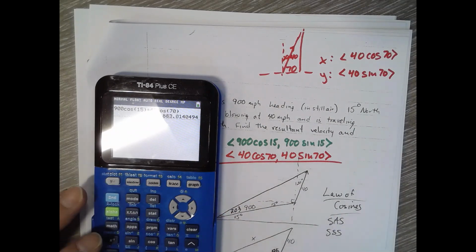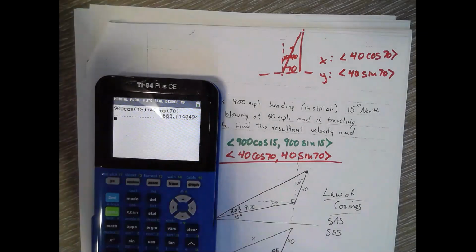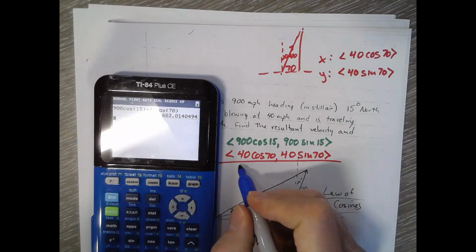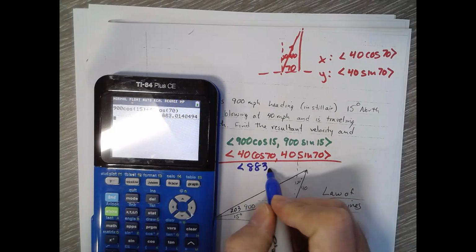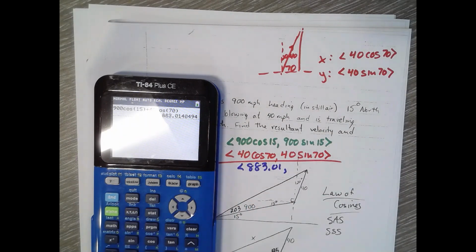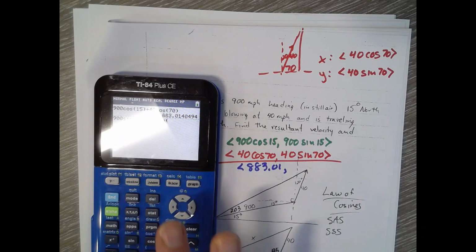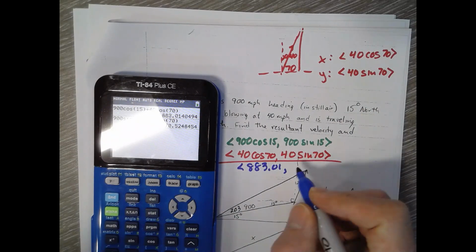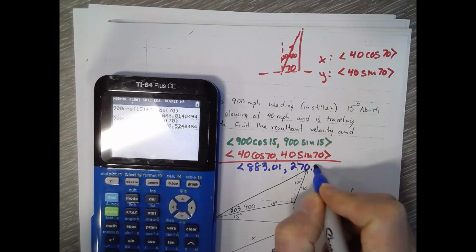So our resultant vector, I will go blue, is 883.01, comma, 270.52. So there's my resultant vector.